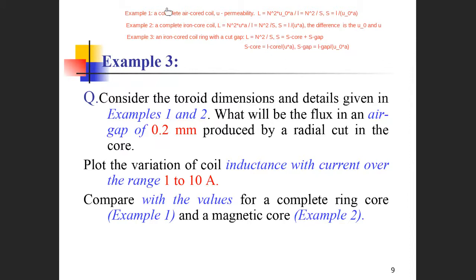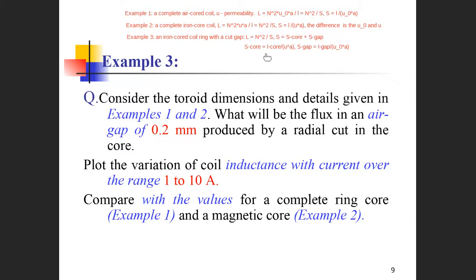Now recall your memory on example 1 and example 2. Now we come to example 3. In example 3, on the coil itself, we have a small air gap. As a result, the reluctance of the coil comes from two parts. One is the core material, the other part is the air gap.